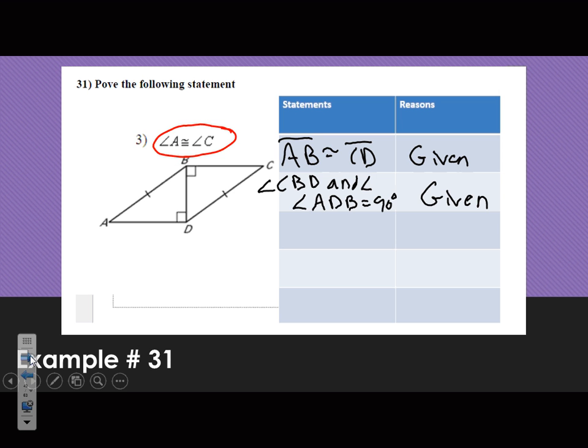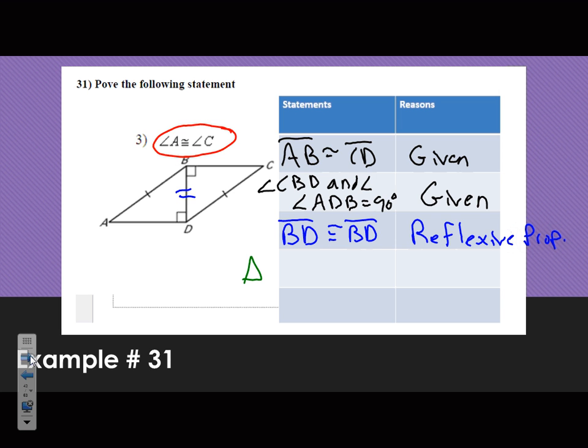Then once again, my favorite: BD is congruent to BD because of the reflexive property. Now we have enough information to prove our triangles are congruent.